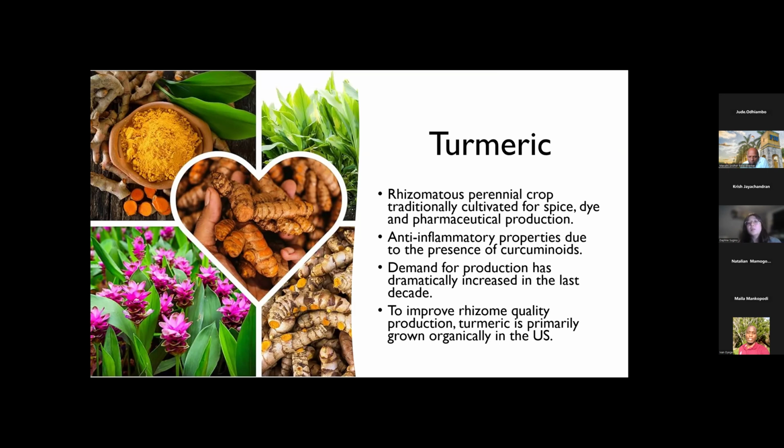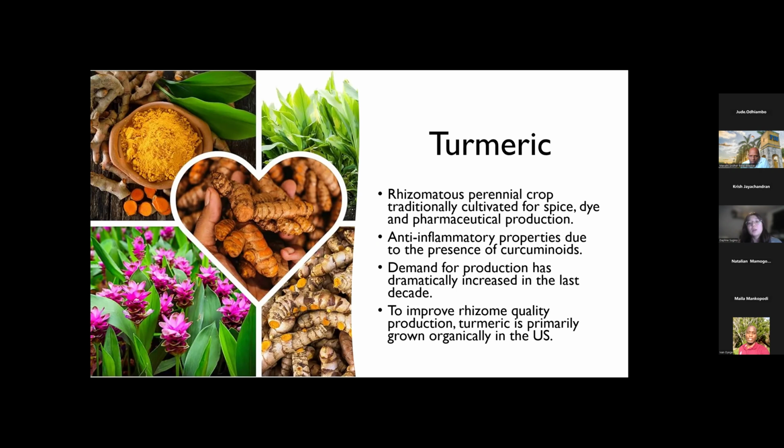The medicinal properties of turmeric can be directly attributed to a secondary metabolite group known as curcuminoids. Curcuminoids are yellow-colored polyphenols with potent antioxidant activity. They give turmeric that bright yellow or orange color that we see when we slice a rhizome in half, and you can also see it in the powder, right here on the screen.